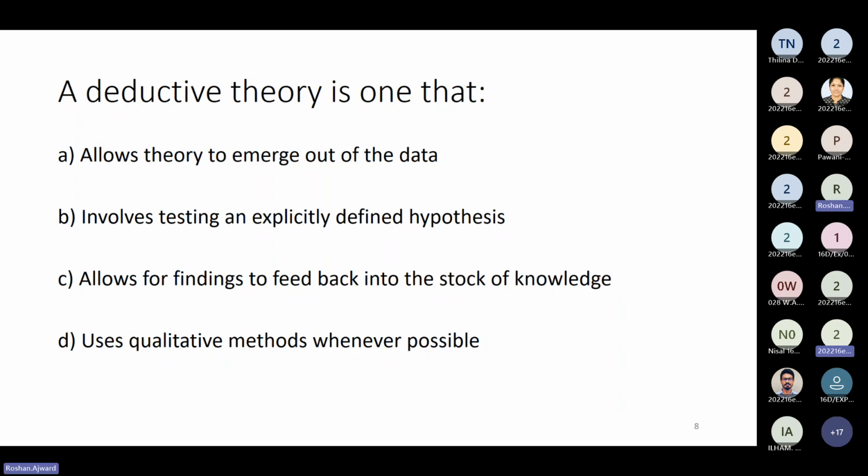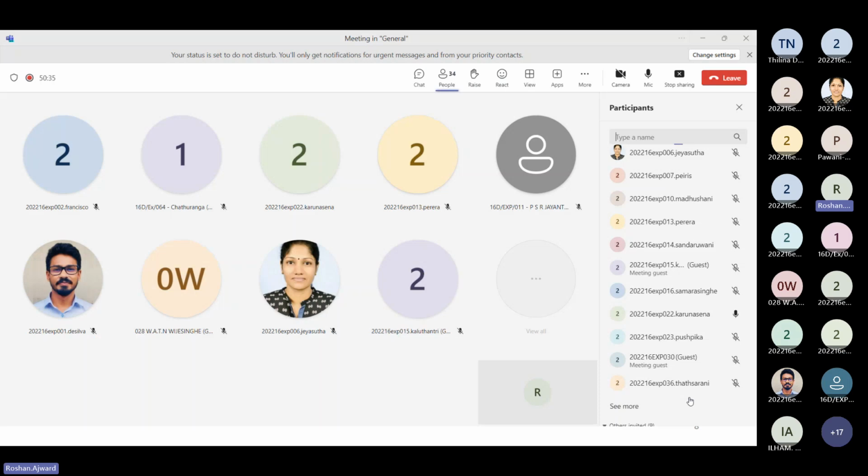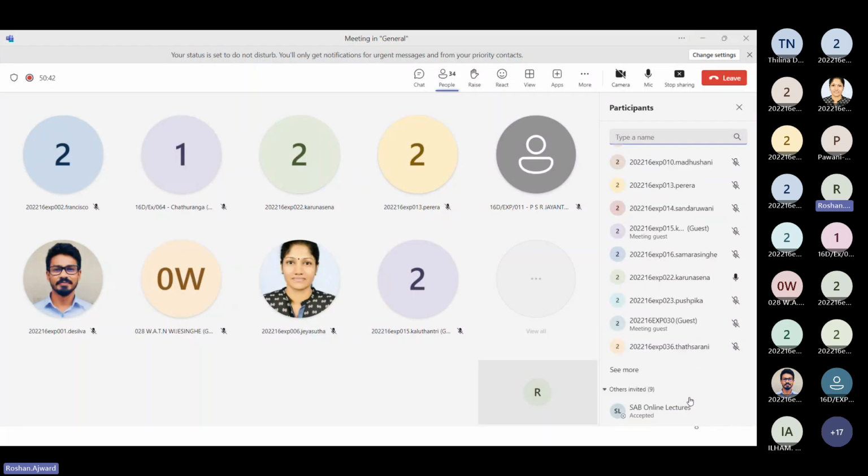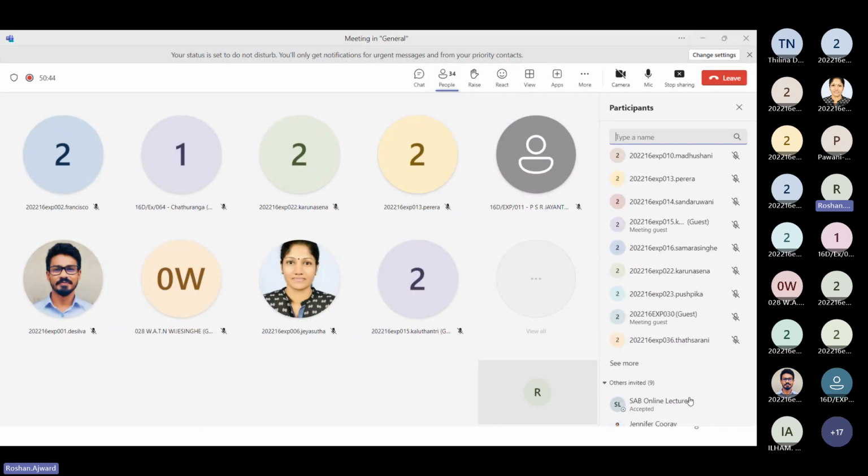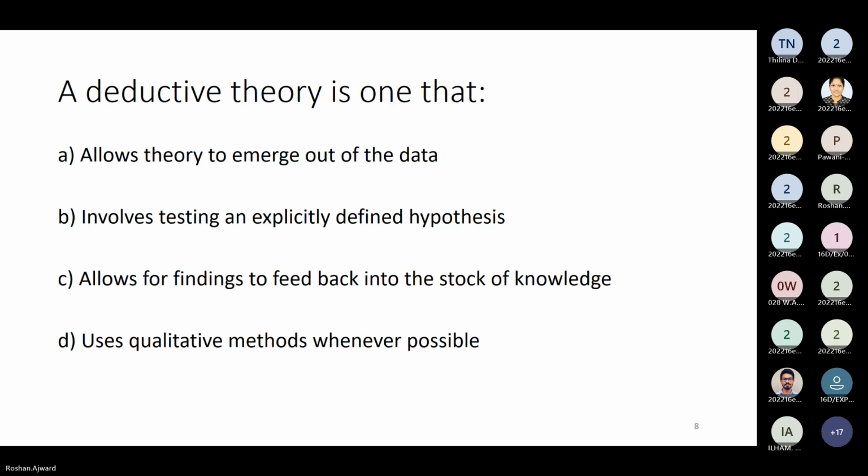Okay. Please take care. So, right. Then there's another student, XP 30. Answer B. Very good. Thank you.